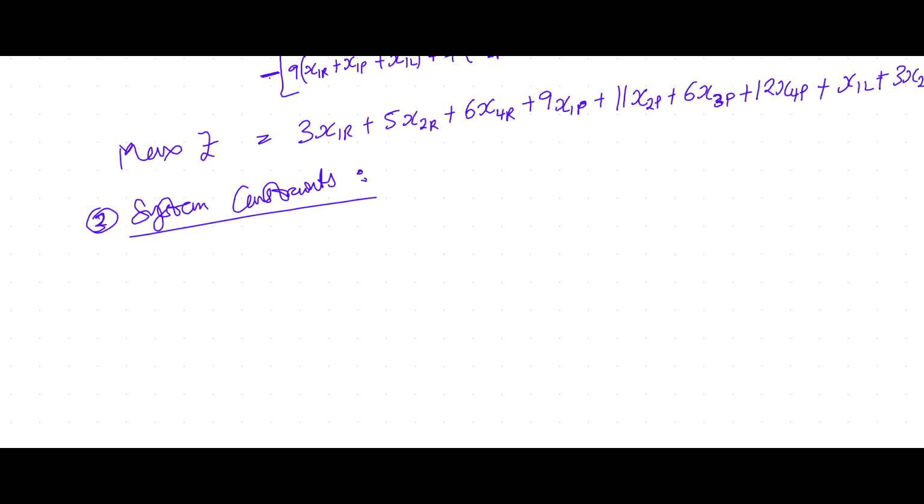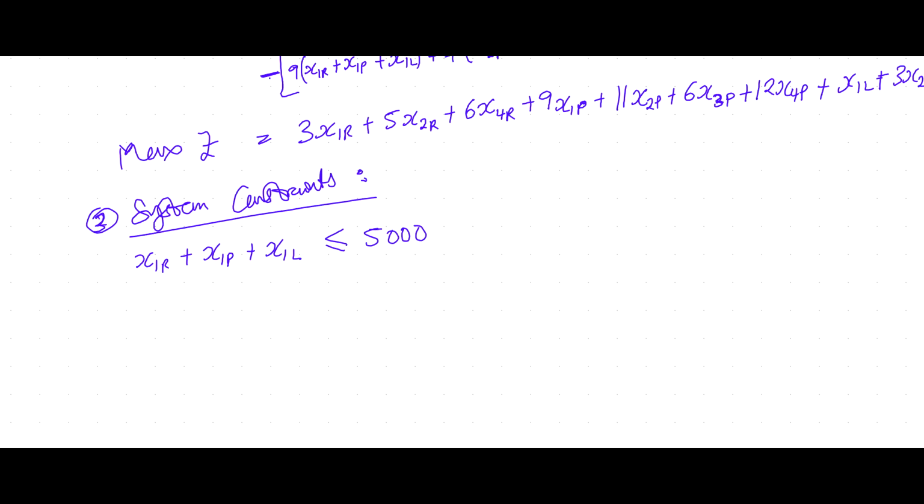So the first thing to do is that I have to state that component 1 in regular plus component 1 in premium plus component 1 in low lead cannot exceed 5,000. Why? Because 5,000 is available. That's the maximum available barrels in a day. So you can get equal to the 5,000, but you cannot exceed it.